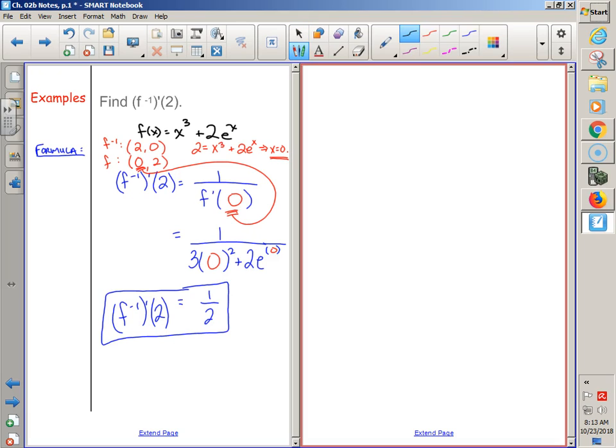Implicit says, let's actually find the inverse. So implicit says, let's take that original and switch to x and y. X and y, you have a representation of the inverse. So instead of sticking with the original the whole time, we actually go to the inverse.